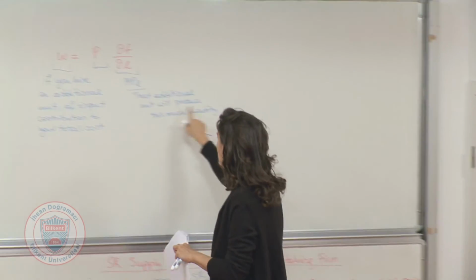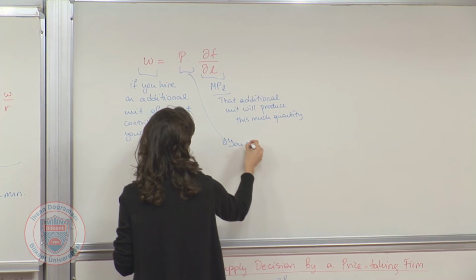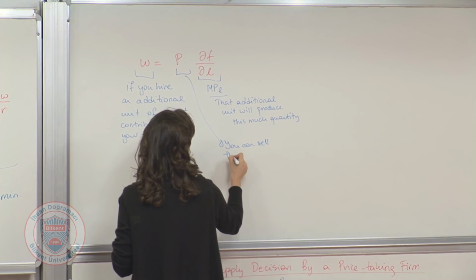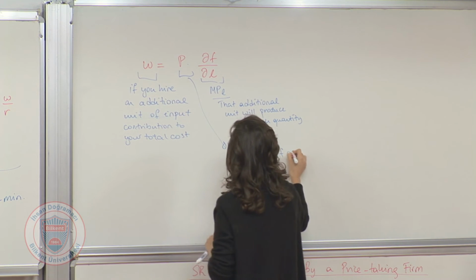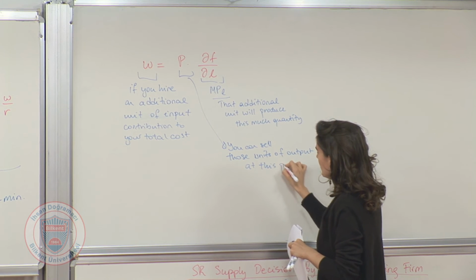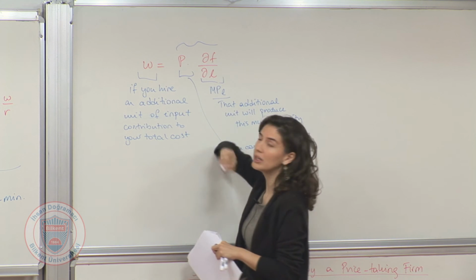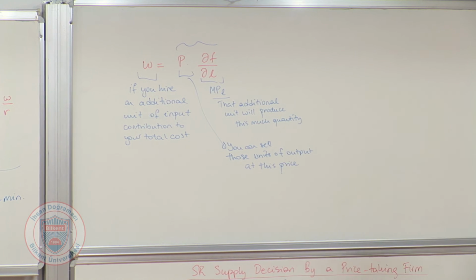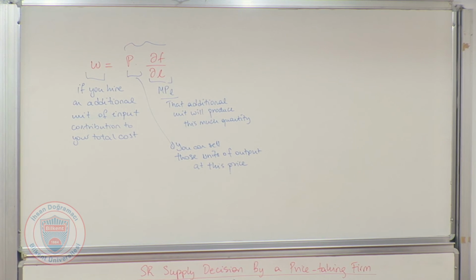So the additional unit will produce this much quantity, and you can sell those units of output at this price. So this is the contribution of the input to your total revenue.